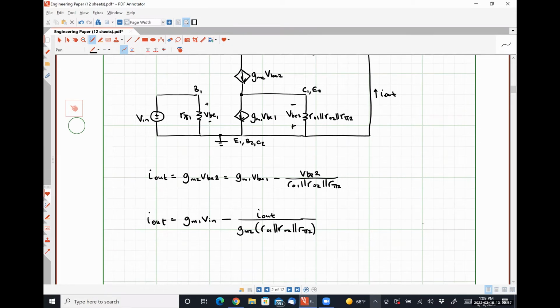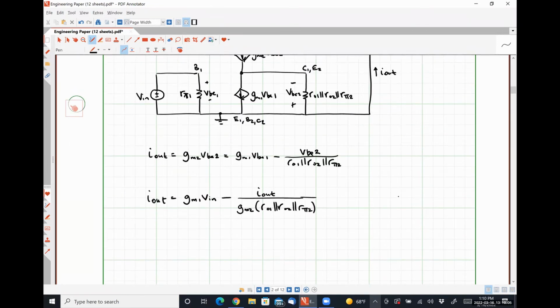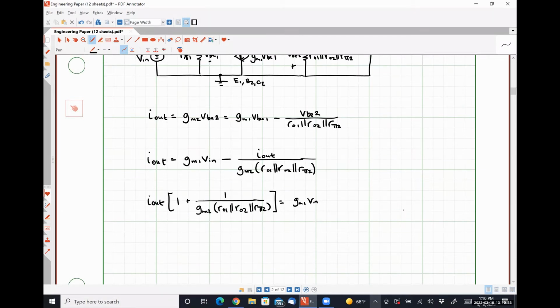Now it's just algebra. We move both I out terms to the left-hand side, which is going to give us I out times 1 plus 1 over GM2 R01 in parallel with R02 in parallel with R pi 2 is equal to GM1 times VN.